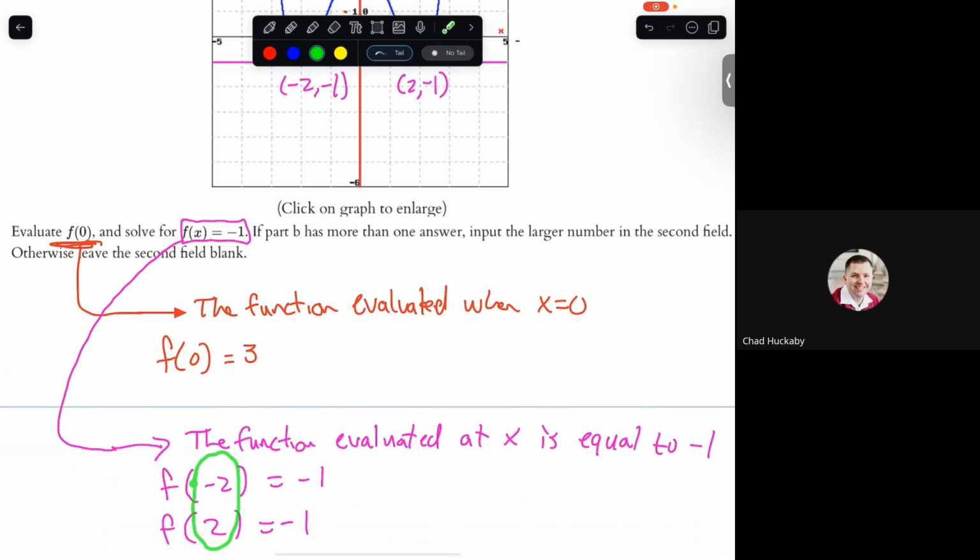Now, you want to make sure that you put -2 first because you want the larger number in the second field. And Elvira, I think that was your biggest issue. I think that's the only thing you got wrong about that, that you put them in the wrong order.